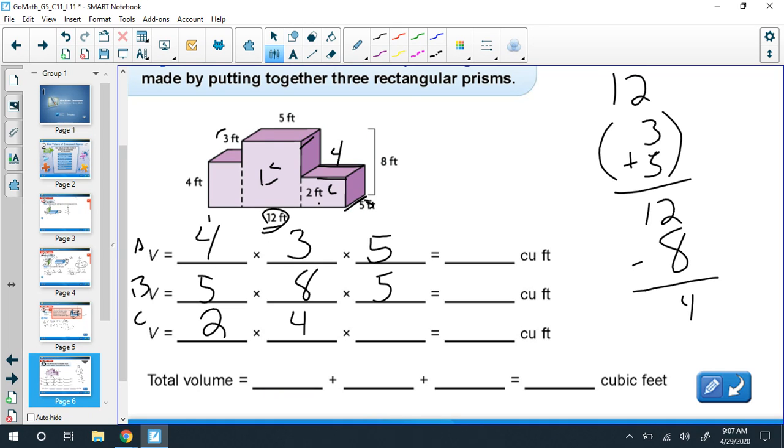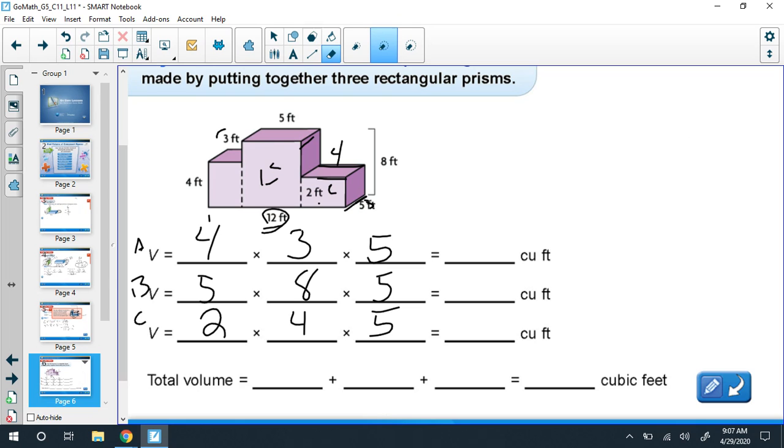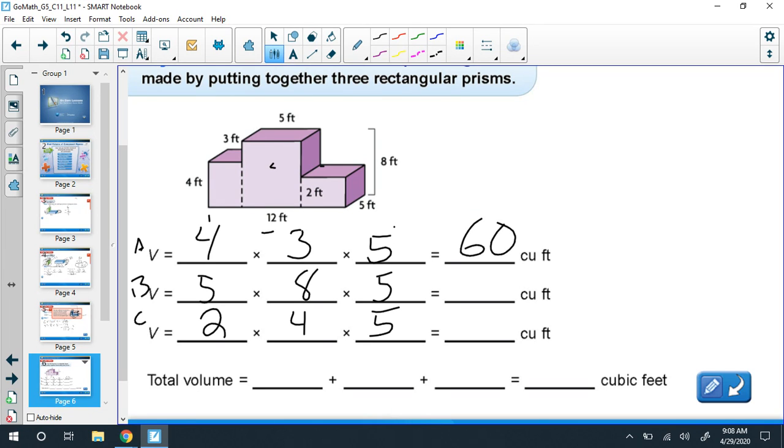Now, we have our measurement right there again, which is 5. So now all we need to do is our multiplication and then add everything together. Let's see, 4 times 3 is 12, and 12 times 5 is 60. So prism A has a volume of 60 cubic feet. Moving on to prism B, we get 5 times 8 is 40, and 40 times 5 is 200.